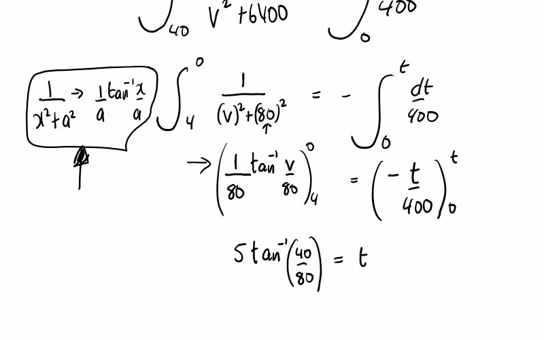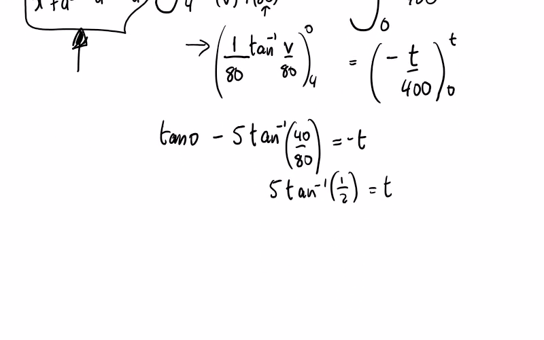Or maybe skipping a bit, if I did put the 0 in, it'd be the tan of 0 minus this, and that's where my minus will be able to disappear from. So 5 by the inverse tan of a half is equal to t, and if we type this into a calculator, this would need to be in radians, so the inverse tan of 1 over 2 in radians is going to give me 2.3182 is equal to t.